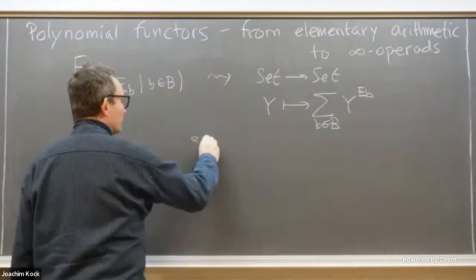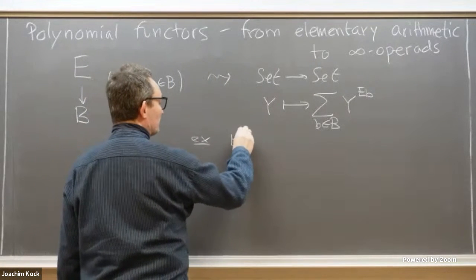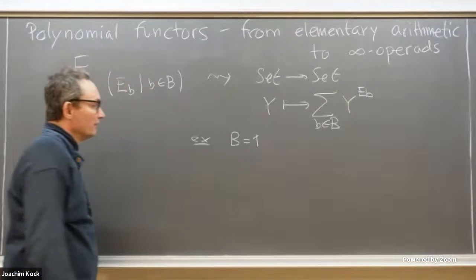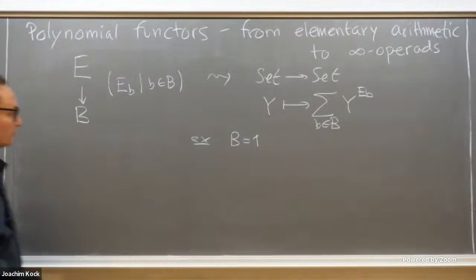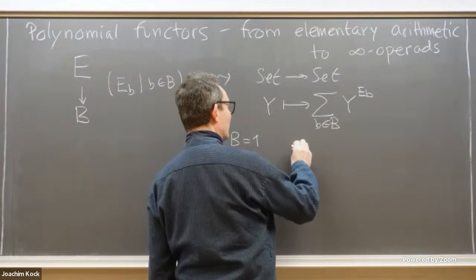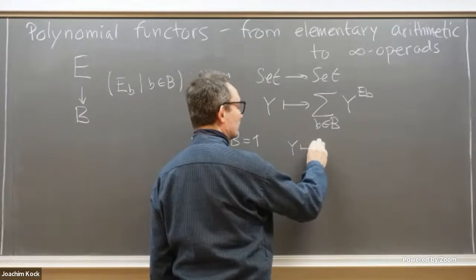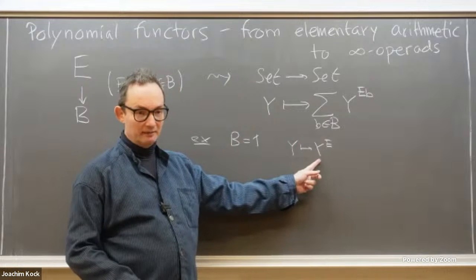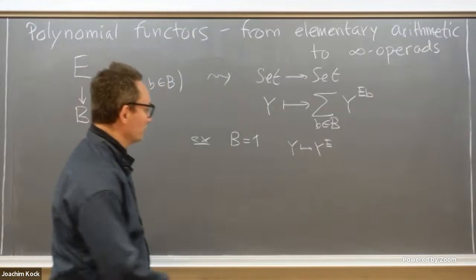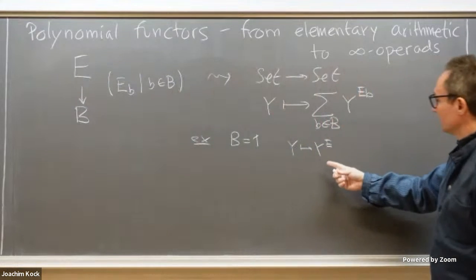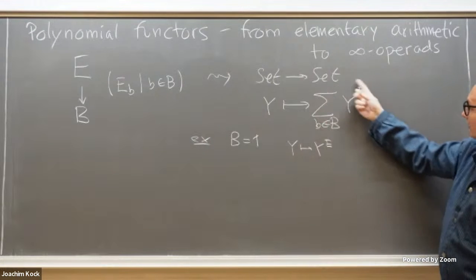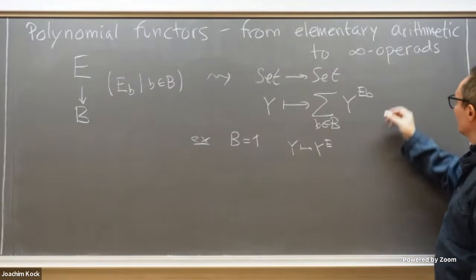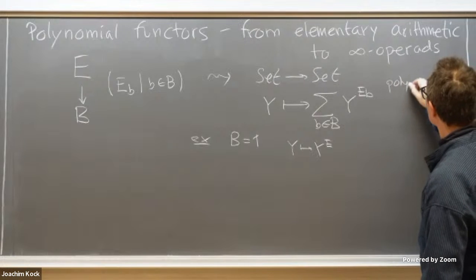So maybe we should just start with the example when B is just a singleton, then there's only one set involved, and then we're just talking about the representable functor represented by E. So you think of this as a monomial, and altogether this is a sum of monomials, and therefore it's called a polynomial functor.